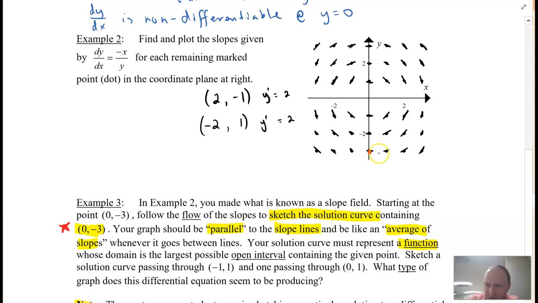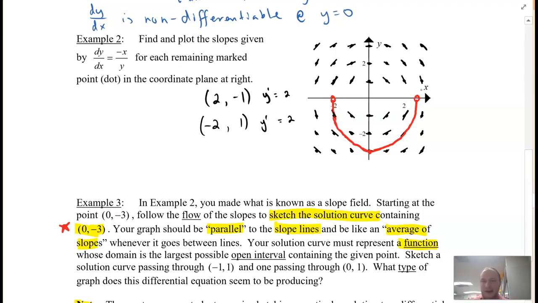I just want to draw a curve. I want to go with the flow. Notice my slope looks like this. I'm about here, getting steeper, and then I get to here. Well, at my x-axis, it's non-differentiable, so I have open circles.